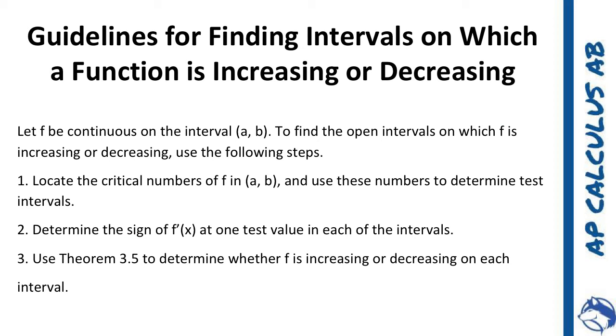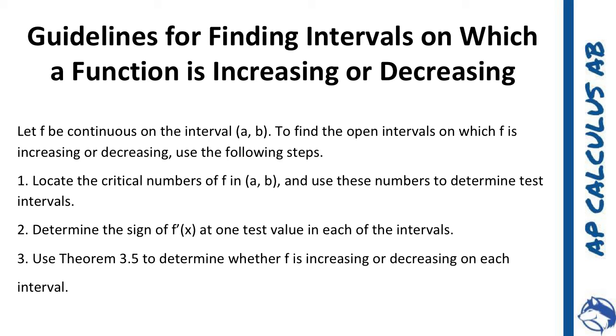So here are just the guidelines for finding intervals on which a function is increasing or decreasing. If f is continuous on the interval AB, to find the open intervals on which f is increasing or decreasing, we're just going to use the following steps. Number one is locate the critical numbers of f in that interval, and then use these numbers to determine the test intervals.